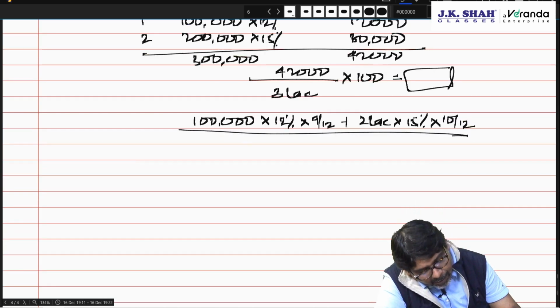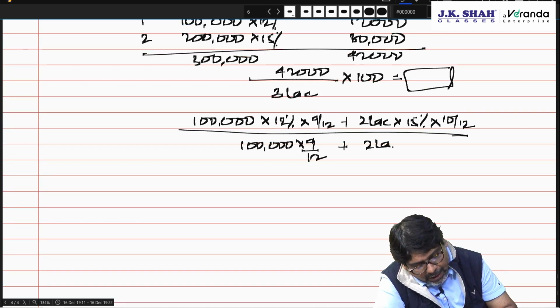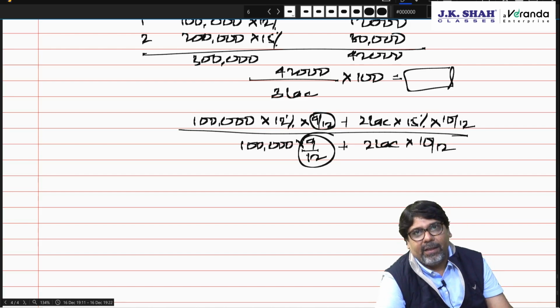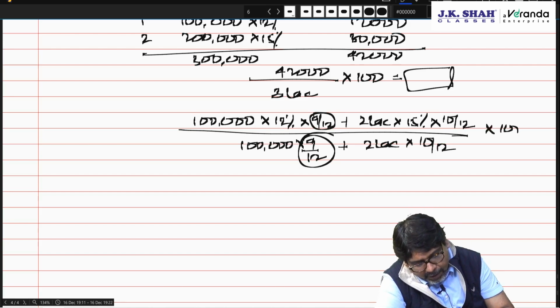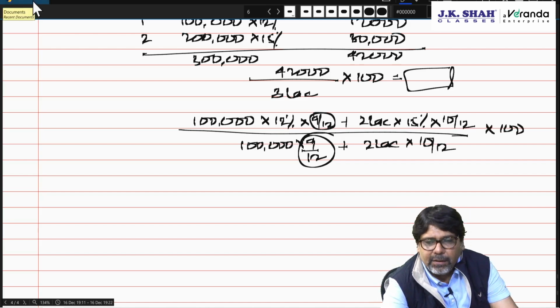Then divide by 1 lakh into 9 by 12 plus 2 lakh into 10 by 12. If you are taking interest for 9 months, take loan also for 9 months only. Whatever rate you get into 100, that is your capitalization rate. You understood? Yes or no?